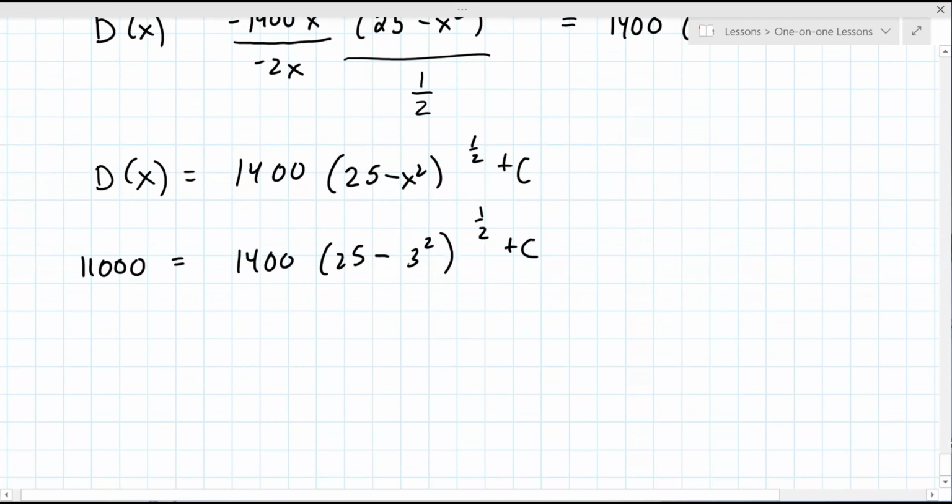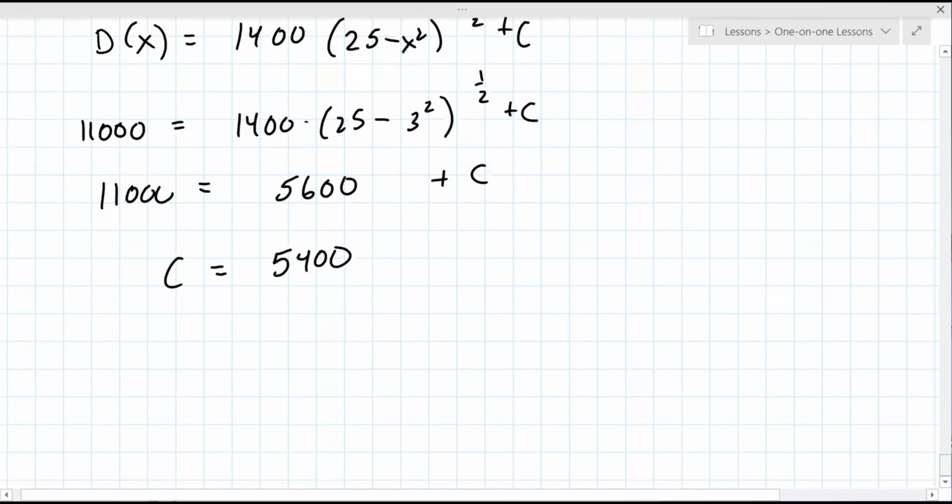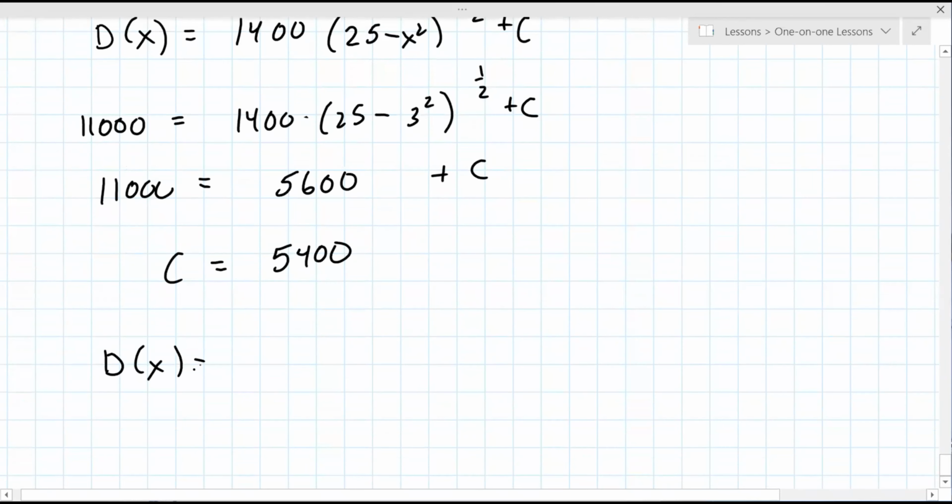This actually produces a nice number. This is 4. 4 times 1,400 is 5,600. 5,600 plus c equals 11,000. You subtract it over, and c ends up equaling 5,400. So your d of x is 1,400 times 25 minus x squared to the 1/2 power plus 5,400.